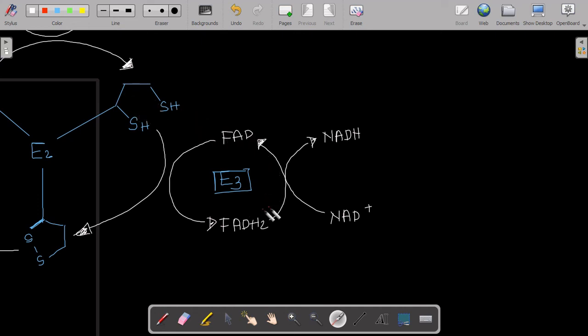This is catalyzed by E3, and in the process NAD plus is reduced to NADH. Okay, here to oxidize lipoic acid, FAD got reduced to FADH2, and then this FADH2 got reoxidized to FAD by reduction of NAD plus to NADH, and this is catalyzed by E3. So this is how the structure of pyruvate dehydrogenase is, and that is how its catalytic activity takes place.